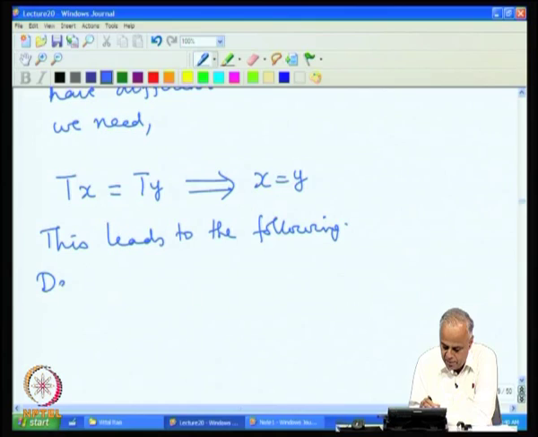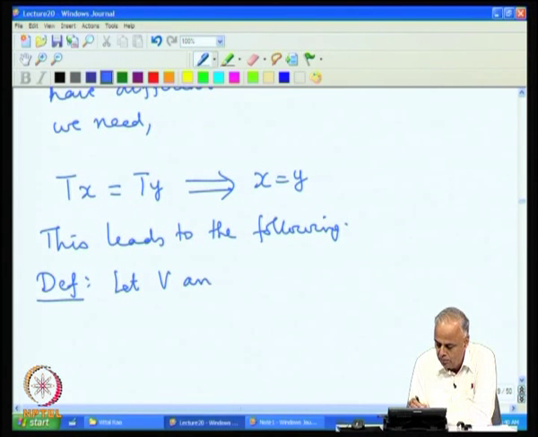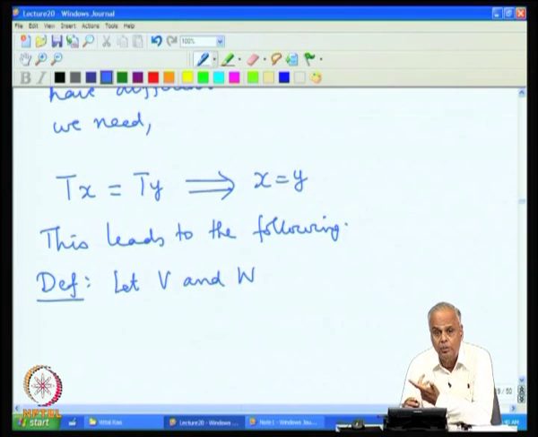So, definition. In fact, this definition did not ever use that V and W are finite dimensional spaces. We will only specialize later to finite dimensional spaces.